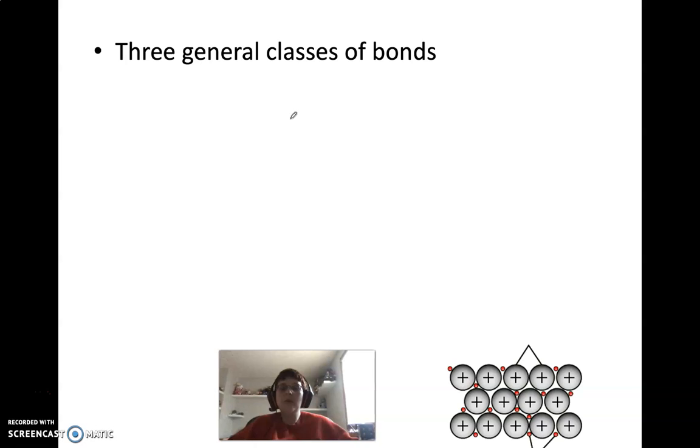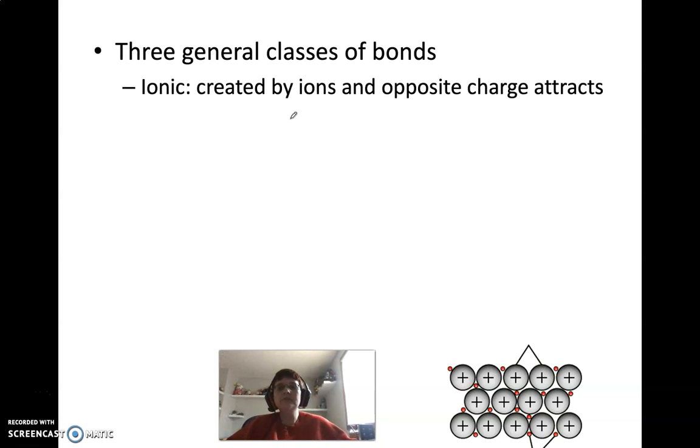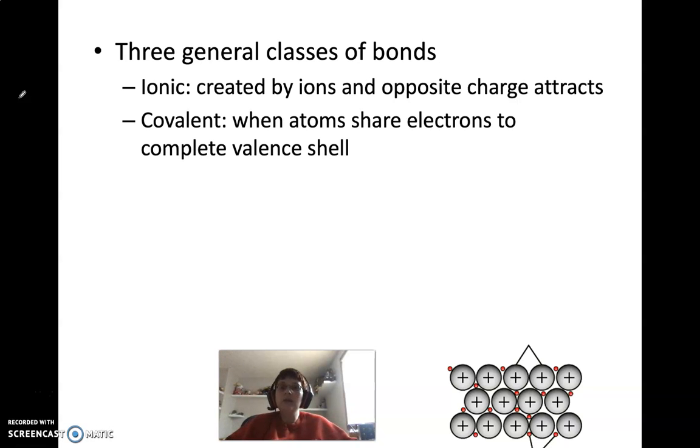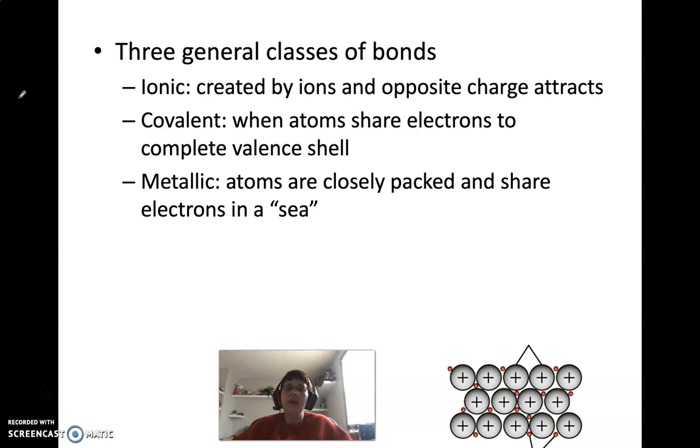As far as bonds go, there are 3 classes of bonds we can look at. One is ionic bonds, the bond created between ions of opposite charges. Then we've got covalent bonds, where instead of stealing electrons from each other to get a full valence shell, atoms share electrons to complete their valence shell. We'll see how that works and what kinds of atoms do that. The last one is the metallic bond.